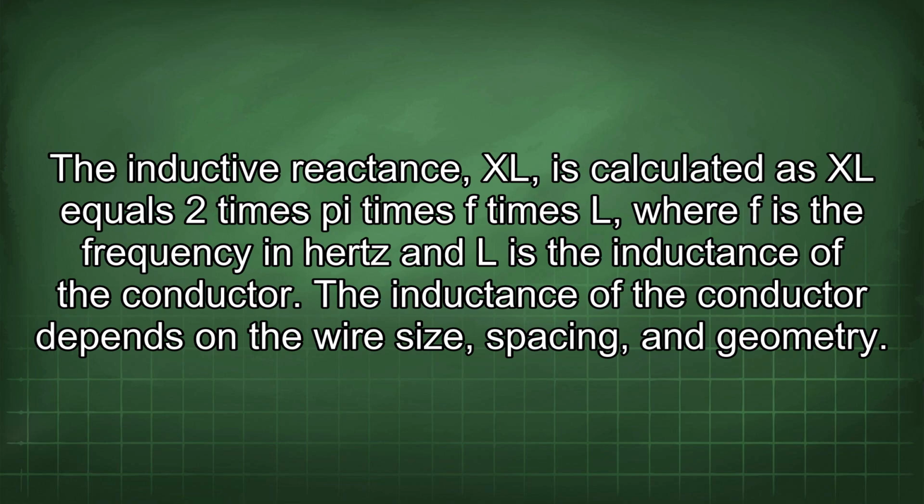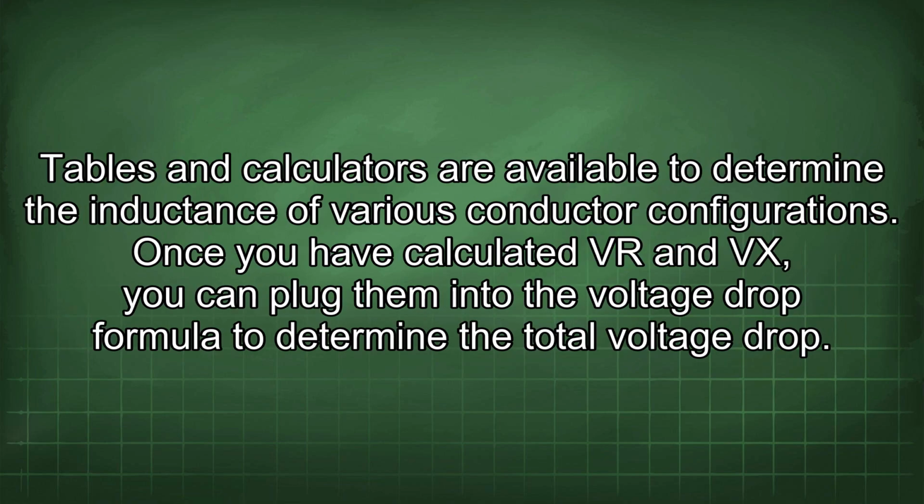The inductive reactance, XL, is calculated as XL equals 2 times pi times F times L, where F is the frequency in Hertz and L is the inductance of the conductor. The inductance of the conductor depends on the wire size, spacing, and geometry. Tables and calculators are available to determine the inductance of various conductor configurations.